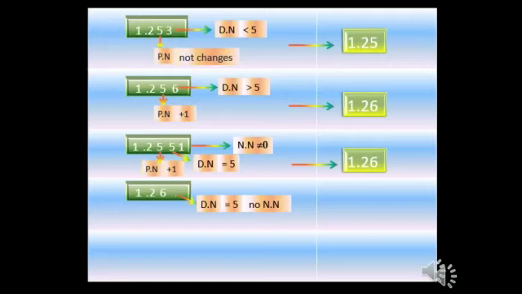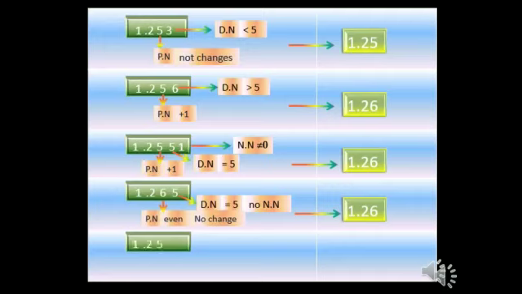If this dropping number is 5, check whether next number is existing or not. If next number is not existing, check preceding number. If preceding number is even, then it does not change. So, the given number in three significant figures is 1.26.